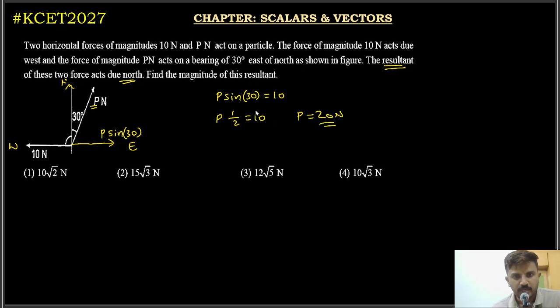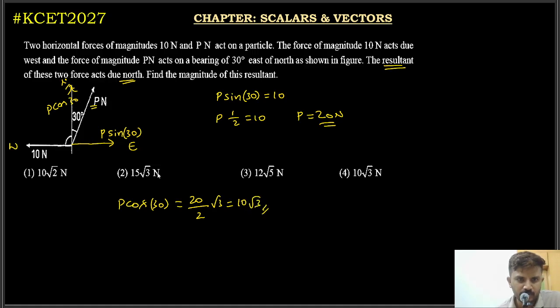And then what about this one? The force along the y-axis will be P cos 30 degree. So the P value is 20, cos 30 degree is root 3 by 2. That is 10 root 3. So 10 root 3, that is option 4 is correct.